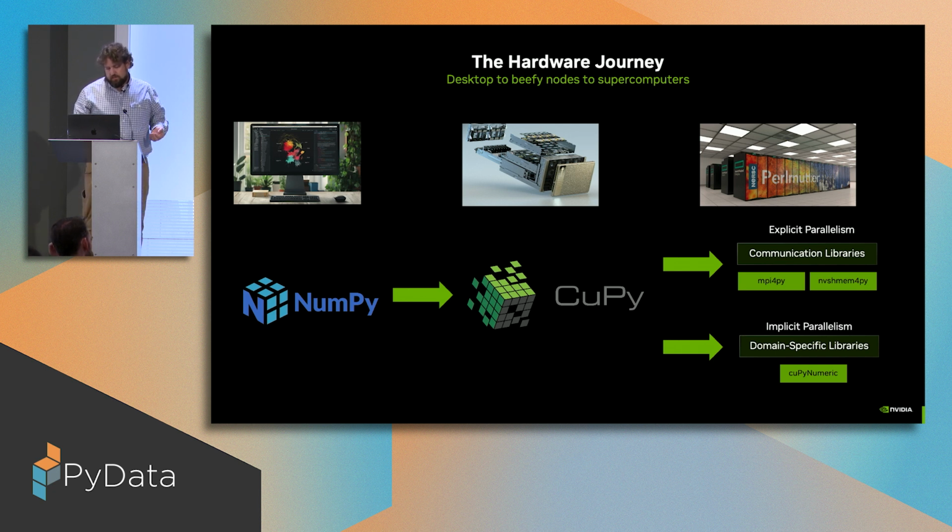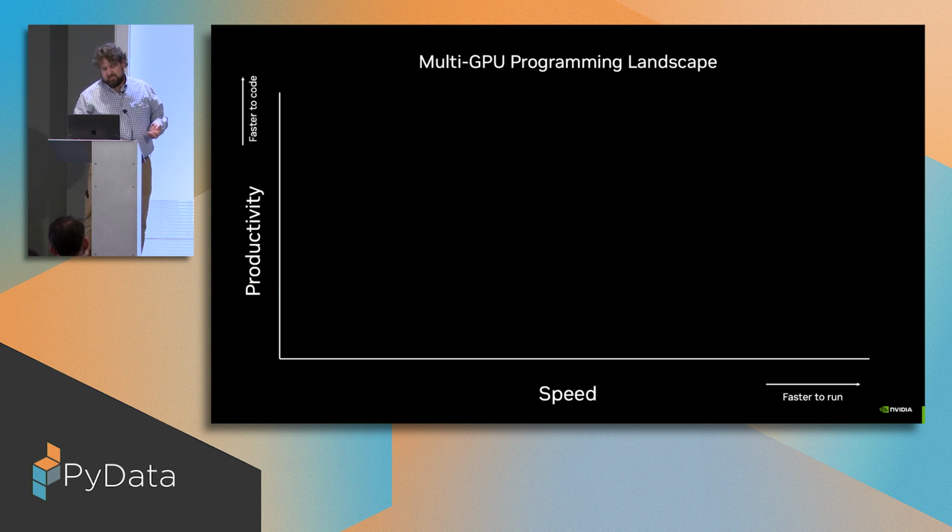So there are advantages and trade-offs here, right? We can characterize those a little bit in your typical productivity versus speed, where I want to be fast to code, but I also want it to be fast to run. I want every bit of performance I can get. And so certainly explicit parallelism using MPI and shared memory will be much faster to run.